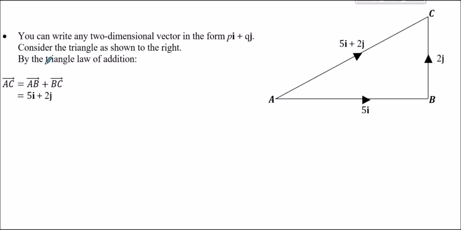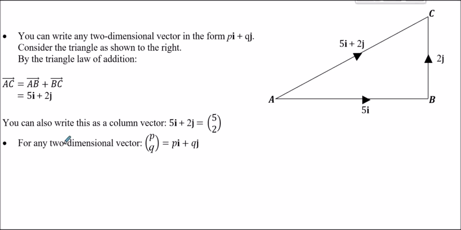So by the triangle law of vector addition, the vector AC is the vector AB plus BC. So it's just literally 5i plus 2j. You can also write this, if you wanted to, as a column vector. So 5i plus 2j is 5 to the right, so the top number is 5, and 2 units up, so the bottom number in the column vector is a 2.